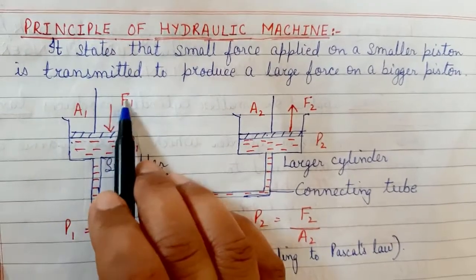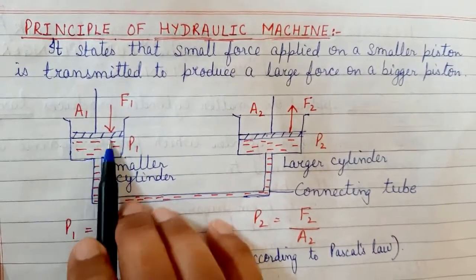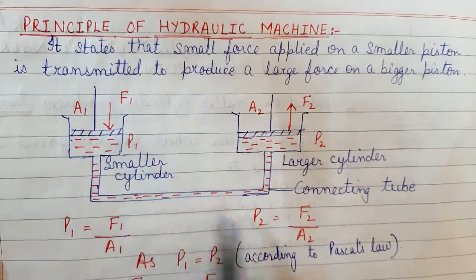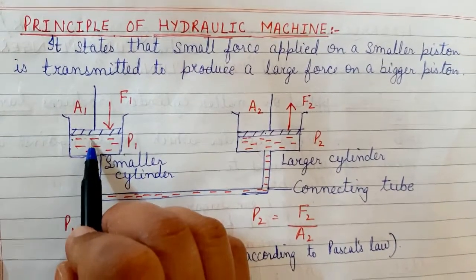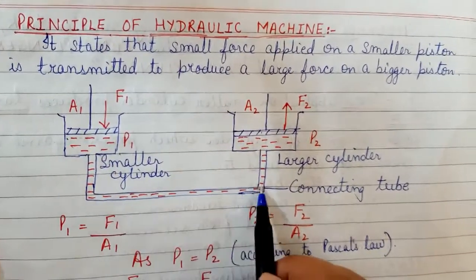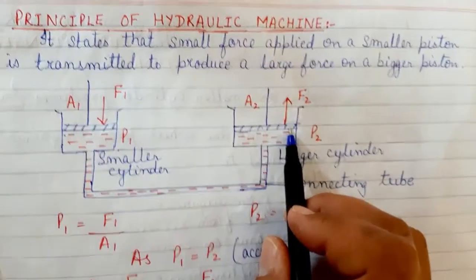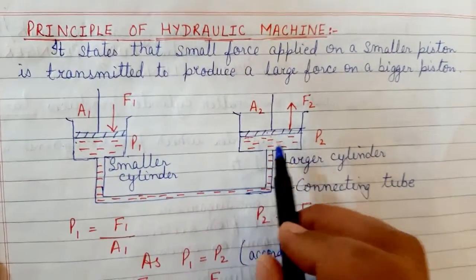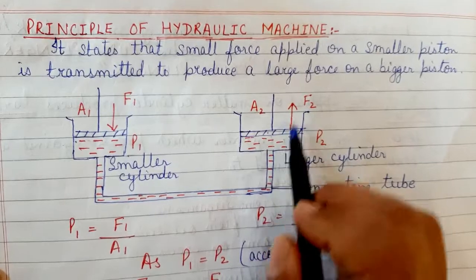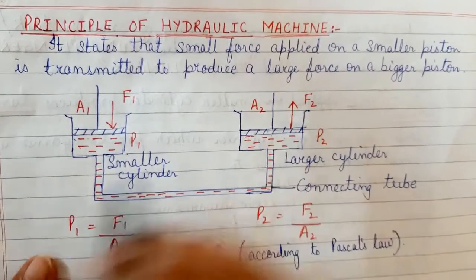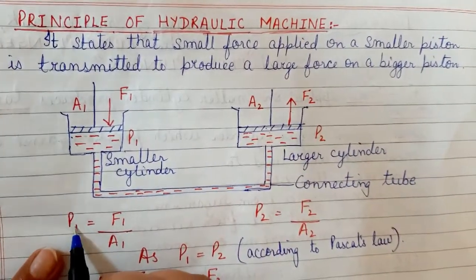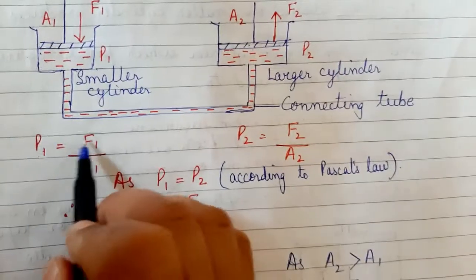Now when a force F1 is applied on the smaller cylinder in the downward direction, according to Pascal's law, it gets transmitted to the other cylinder having a larger area of cross section, thus producing a greater force F2 in the upward direction.